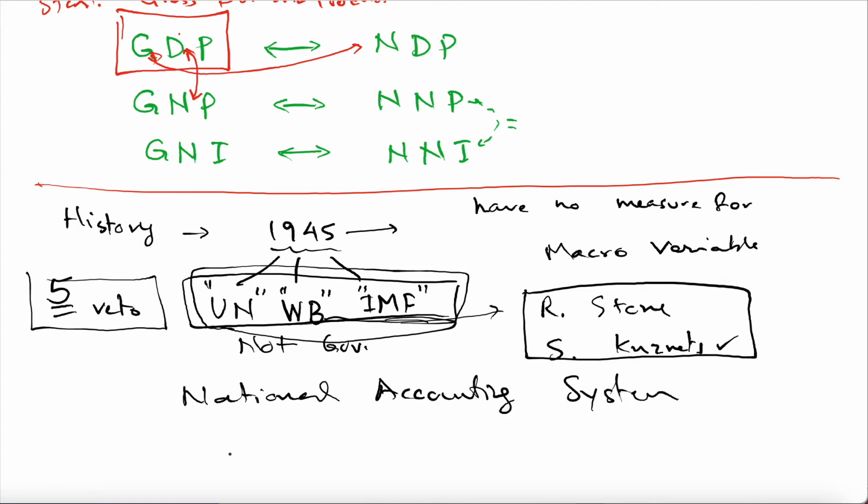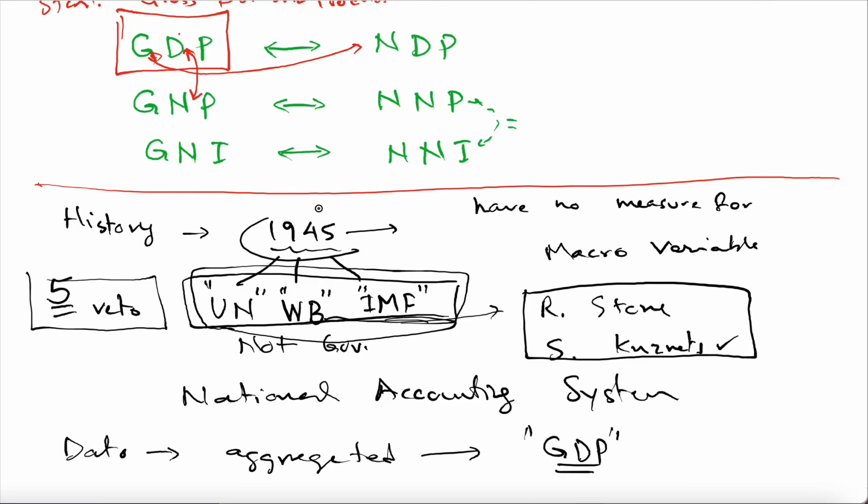So they developed a platform similar to the accounting of a company, but the data needs to be aggregated and collected from everyone, and then they developed the notion of the GDP. Okay, so the GDP came at the same time. By the end of the World War, it was created.